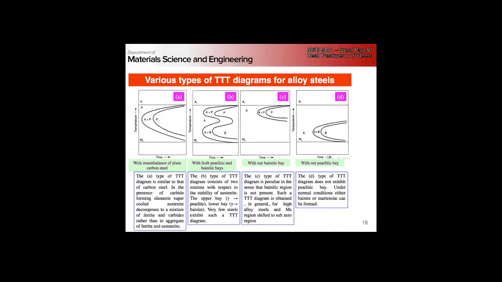Depending on the alloying mix, we can get a TTT diagram that looks very much like plain carbon steel, where we don't have the bainite region peeking out. The bainite would be back here on the TTT curve and is hidden by the far pushed forward nose of the pearlite region and a fairly high martensite start temperature, right?